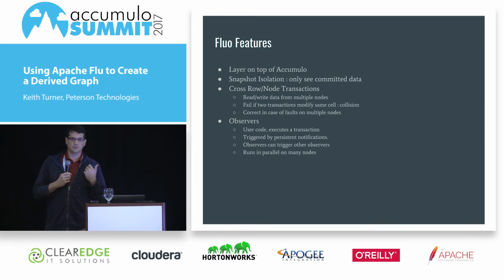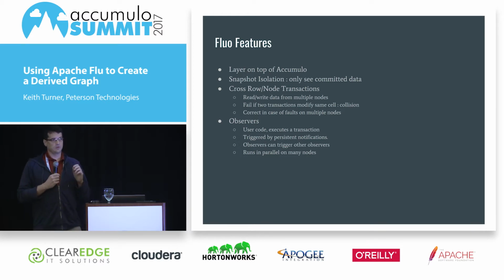So what Percolator and Fluo offer are two primary things. Cross-node transactions, so the ability to make changes to data that exist on multiple nodes in a cluster, and either all of those changes go through or none of them go through. And the second thing that it offers is something called observers.